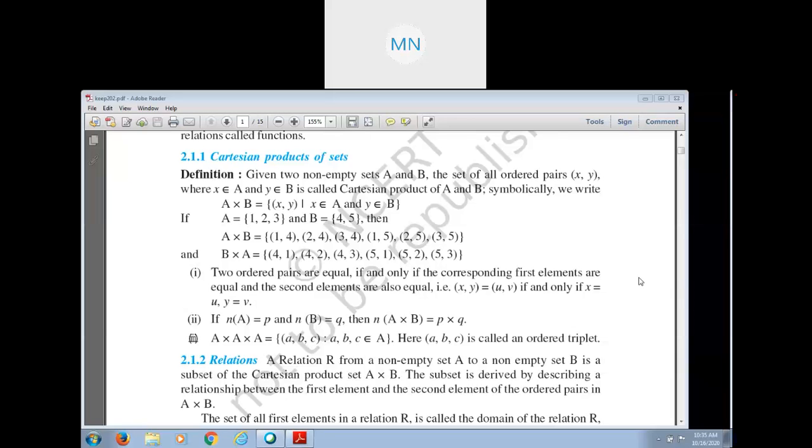Here also, if we consider two sets, in the set theoretical approach, multiplication is known as Cartesian product. If we collect all the ordered pairs, I think all of you know about ordered pairs. An ordered pair has two elements, like x comma y.